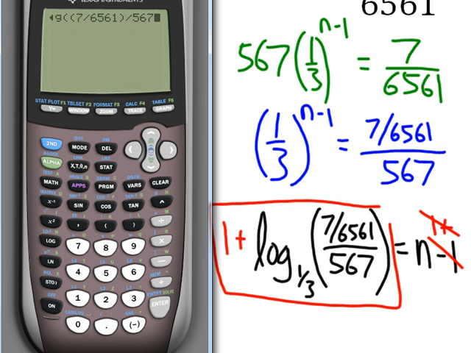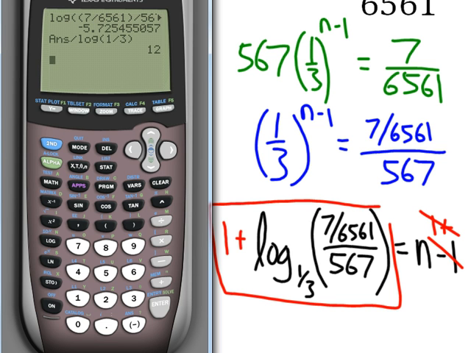And I'm going to say that's enough right now. So I got a negative number. So remember the change of base formula, I'm doing log of 7 over 6561 over 567, divided by log of 1/3. That's just my change of base formula. So I've done the numerator. Now I'll say divided by log of 1/3, the denominator.